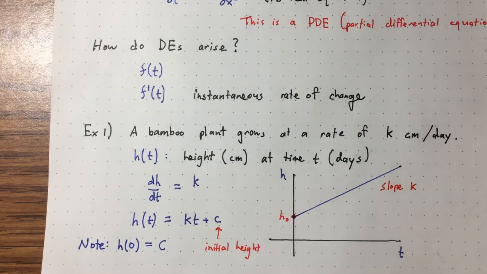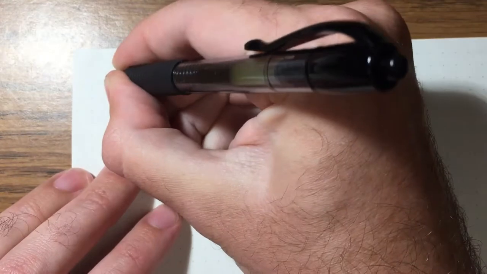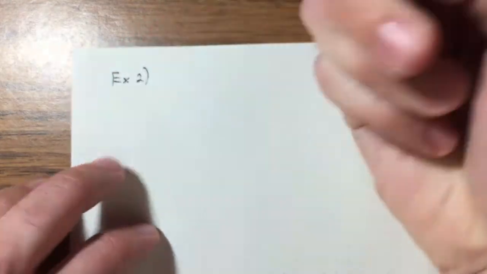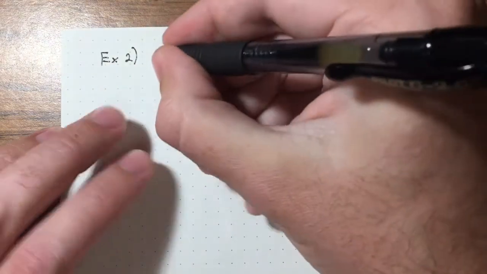Okay, so I want to look at a more interesting example now. So this will be example 2. In this example, I want to consider a rabbit population.